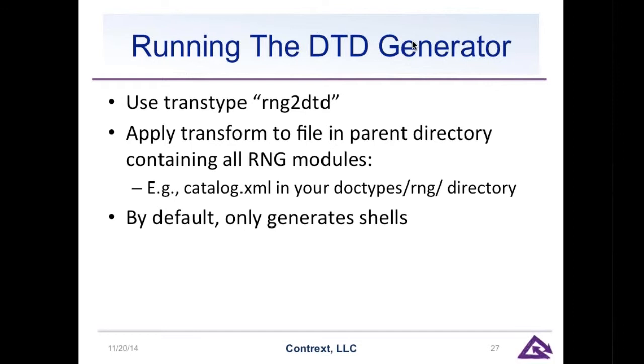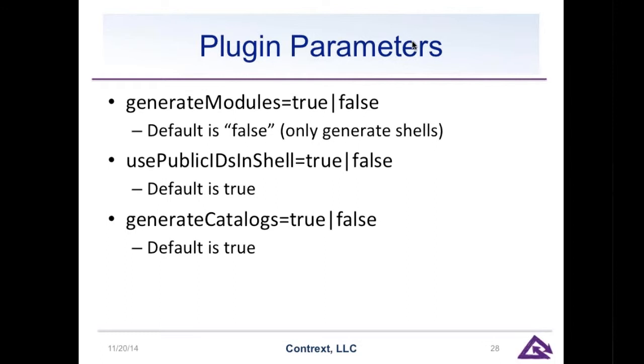You can turn on the generation of modules, or you can indicate whether you want public IDs or direct URLs in your shells, and then whether or not you want to generate your catalogs. So part of the metadata in each of your modules is the public IDs, the URNs, to use for each thing that's going to be generated. So from that information, we can generate all the lookup catalogs.